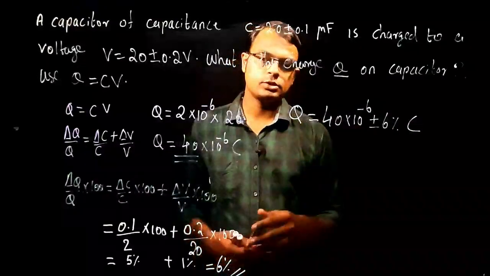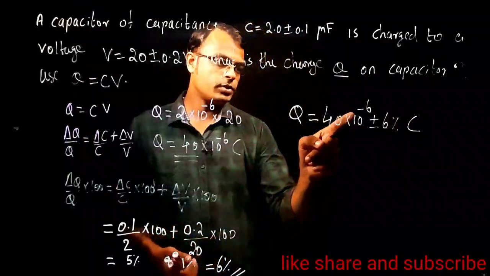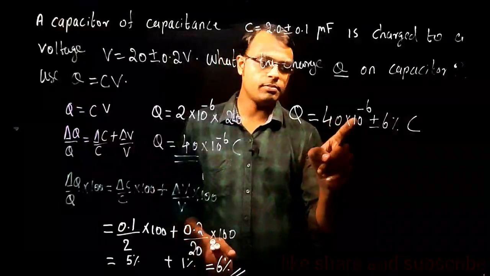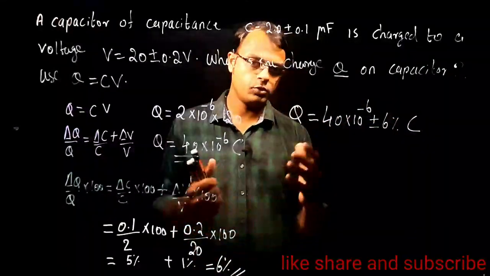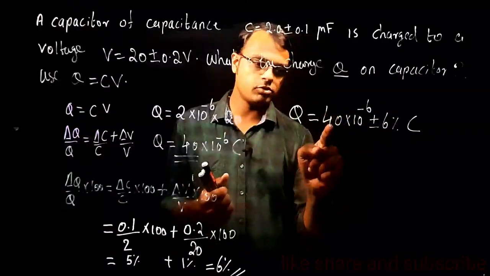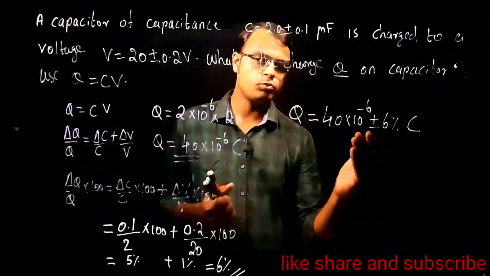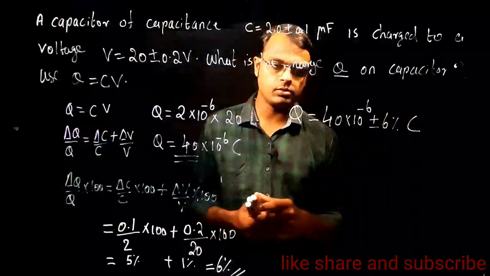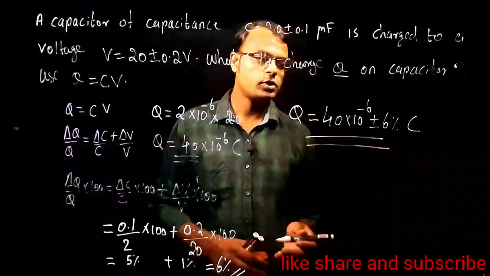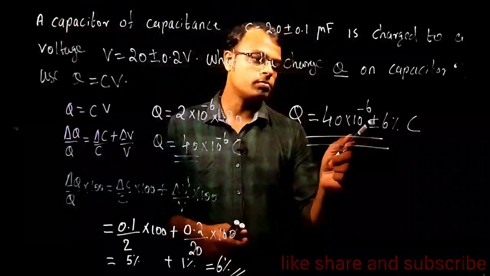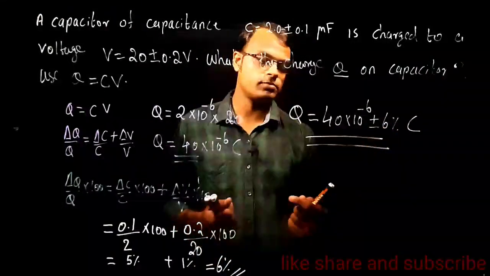The final answer, Q is equal to 40 into 10 to the power minus 6, that means 40 microcoulomb plus or minus 6%. If you want to calculate 6% of 40, it will come around 2.4. So you can also write that one. This is the quoted value: Q is equal to 40 microcoulomb plus or minus 6% of this value.